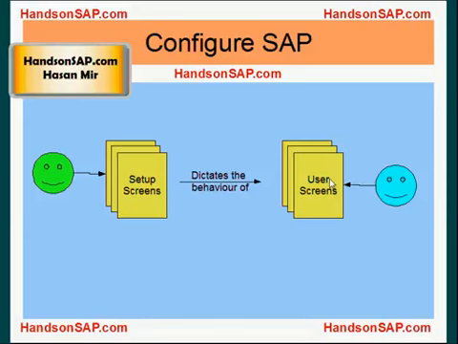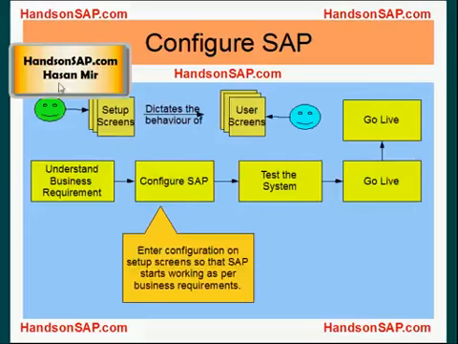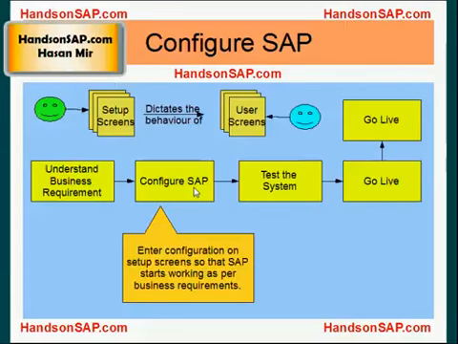Okay, so setup screens dictate the behavior of end user screens, and you can say that setup screens dictate the behavior of the whole application, because application consists of end user screens. Okay, so having said that, in the configuration part, you enter configuration on setup screens so that the SAP application starts working as per business requirements.